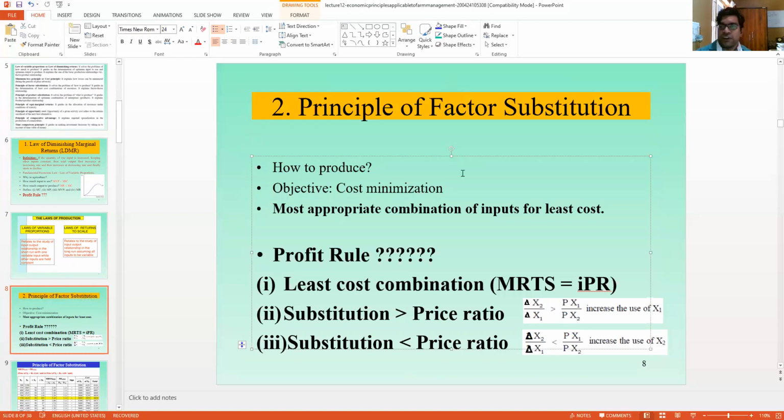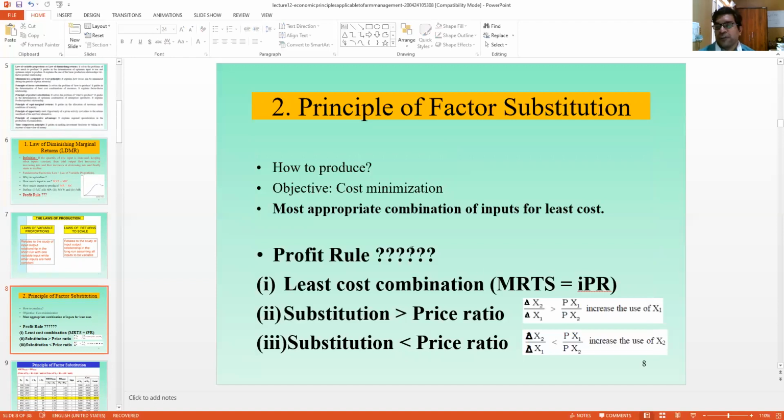There, in the case of LDMR, it was how much to produce. Here, how to produce means producing output with the least cost. So the objective is cost minimization. There it was output optimization. Here we need the most appropriate combination of inputs with least cost.